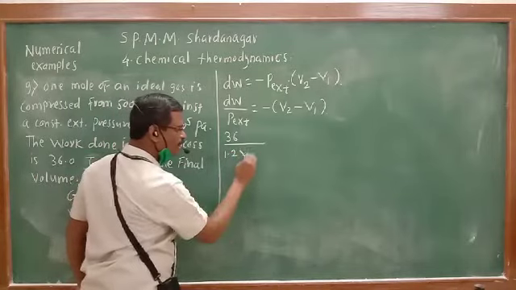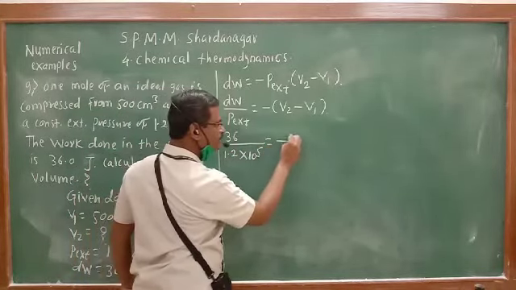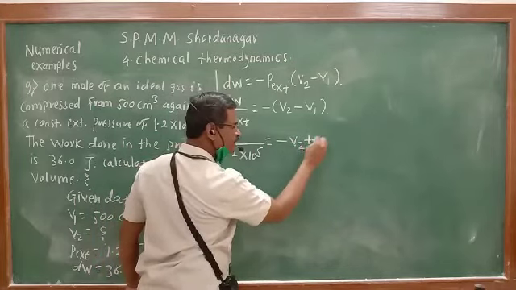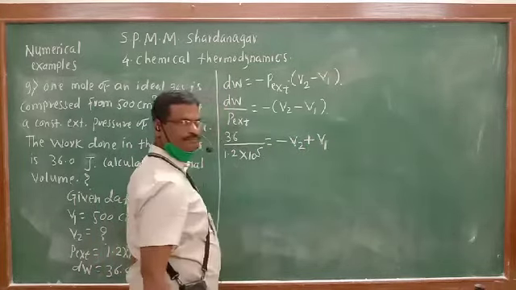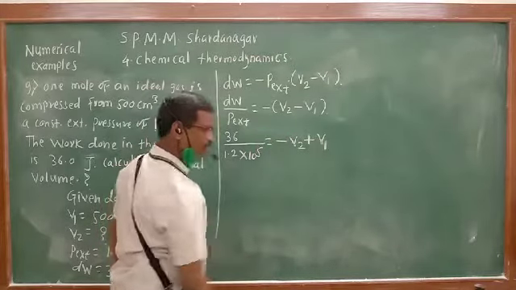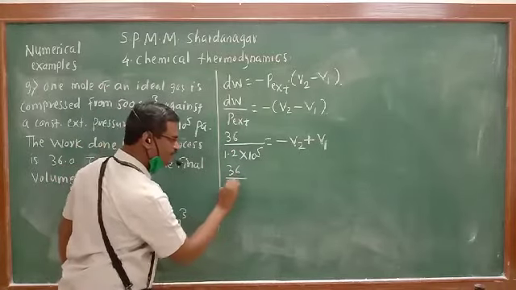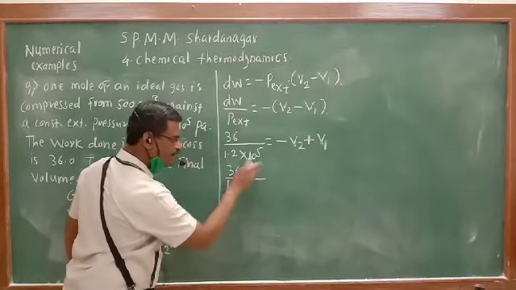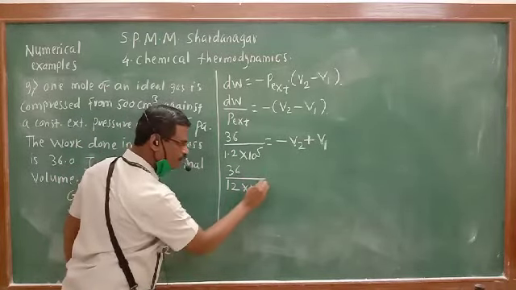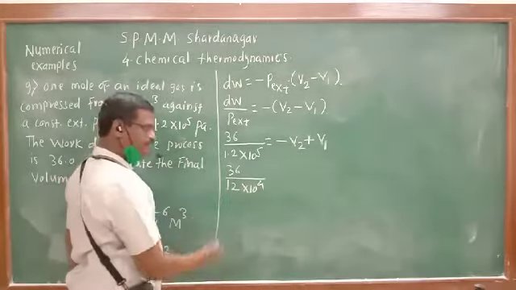It is equal to minus V2 plus V1. Minus V2 and minus times minus gives plus V1. Solving this, 36 divided by 12. Now this will become 10 raised to 4 because I have taken one decimal on the right side.